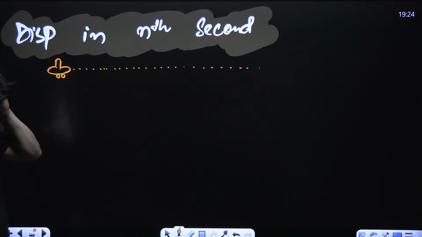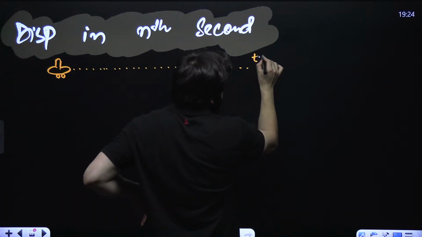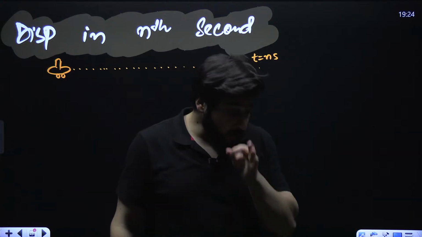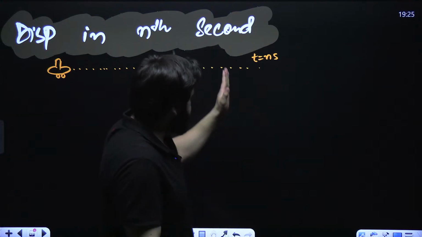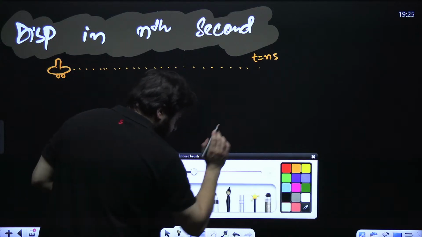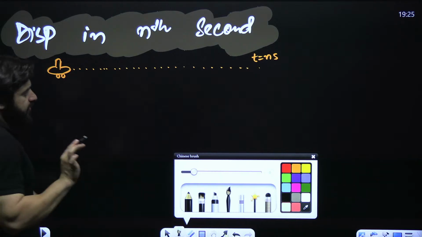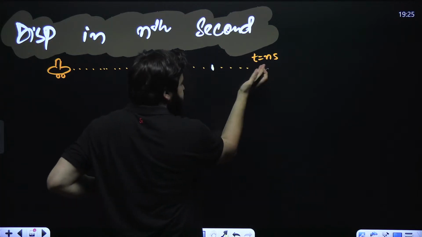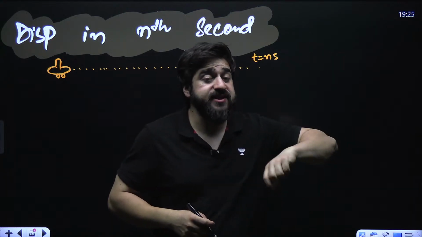My dear friends, listen to me very carefully. If I say after t is equal to n seconds, the car has reached this particular position. Sir, what is this n? N can be anything, 10, 15, 20. So after n seconds, the car is over here. Now guys, if this is n seconds, before n seconds, what will be the time?